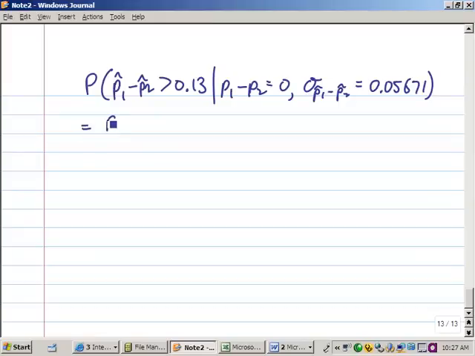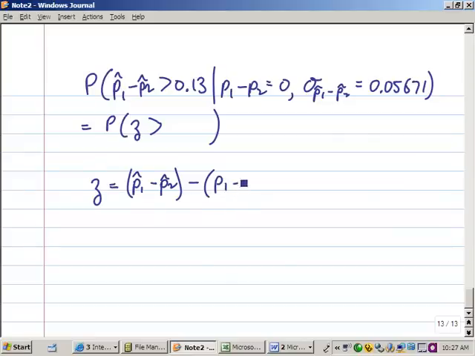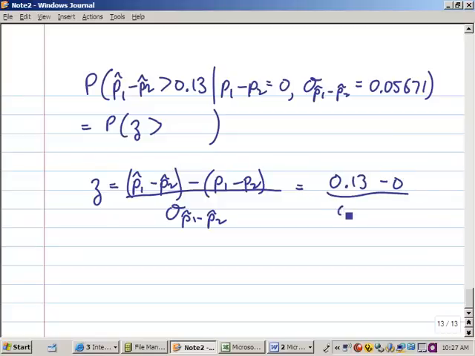And we're going to change this into the probability of getting a z greater than whatever. So we have to calculate that limit in terms of a z: the sample difference limit minus the true population difference, divided by the standard deviation. The limit 0.13, the mean 0, divided by the standard deviation 0.05671.